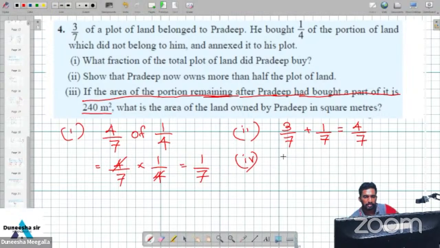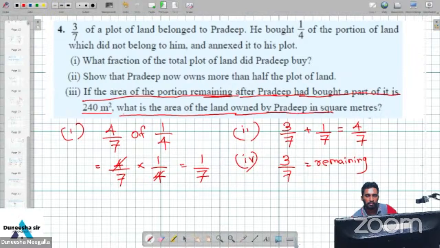Then the remaining fraction is 3/7. The remaining fraction after he bought. Okay, then you have to find out the area of the land owned by Pradeep.